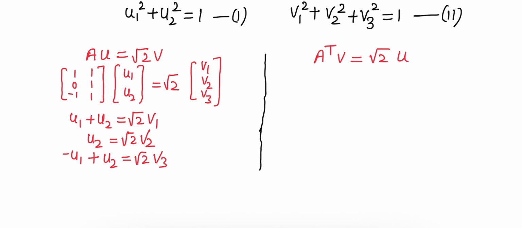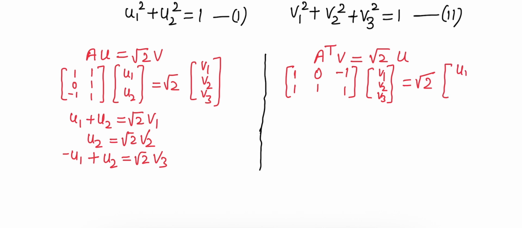Now let us work on the other part. In this part, AT means transpose of A, so this will be 1 1 0 1 minus 1 1. Okay, this transpose of A into V, which is v1 v2 v3, equals root 2 U, which is u1 u2.